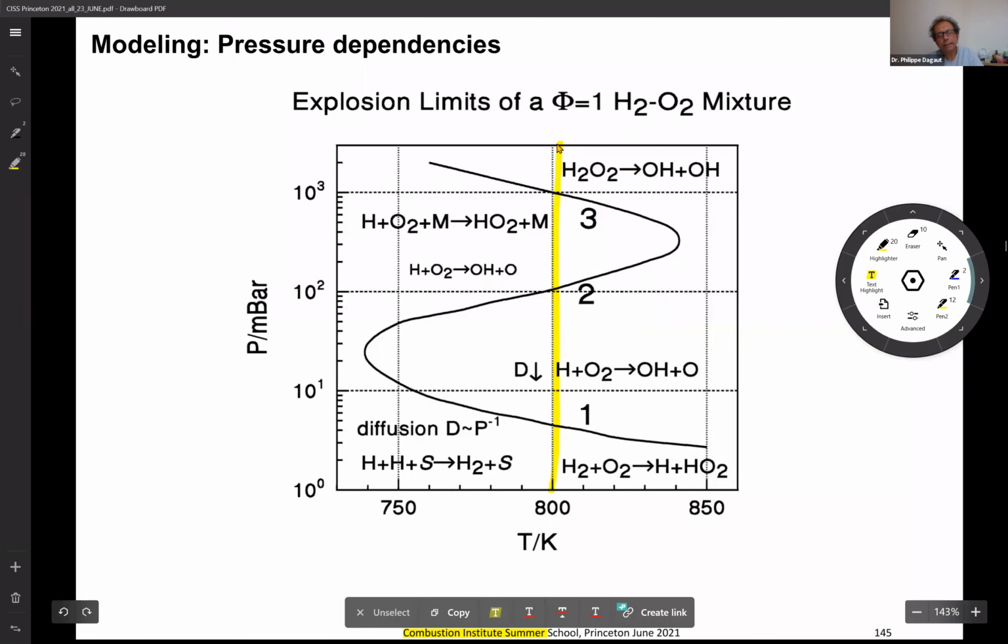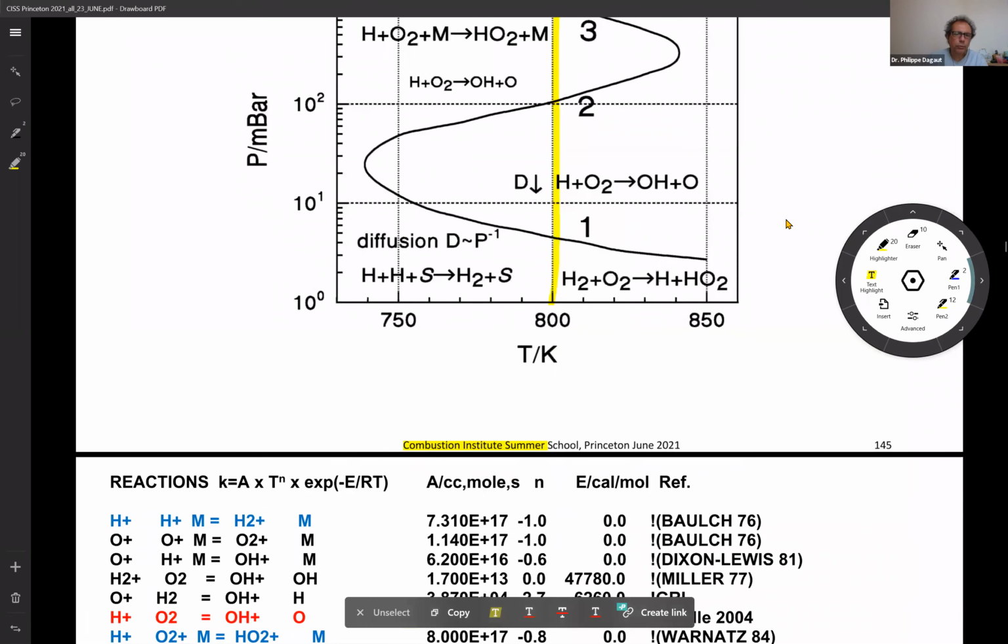So you can see that with this very simple system, H2 plus O2, you can observe somehow strange behavior, moving from slow reaction to fast reaction to slow reaction to fast reaction. What happens with this very simple system can also occur with more complex systems, and I will show you that later.